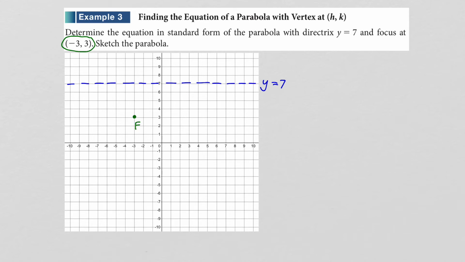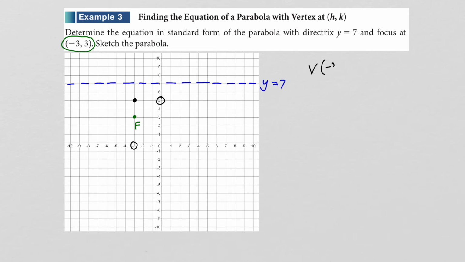That's the focus. So the first thing I need to do to find our parabola is find the vertex. But we know the vertex is always exactly halfway in between the focus and the directrix. So the vertex has to be at this point right here, and the coordinates of that point are (-3, 5).